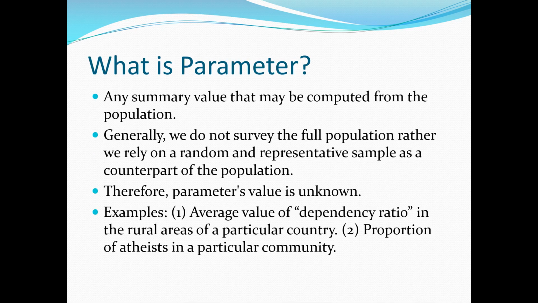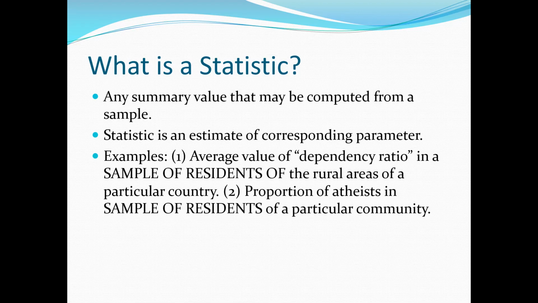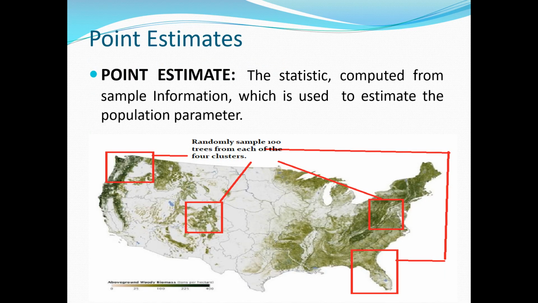For example, coming back to the USA tree example, let's say instead of analyzing each and every tree, suppose that I select these four areas which I have used here as rectangles 1, 2, 3, and 4. So I analyze these areas, and within each of these areas I randomly sample 100 trees from each of these four clusters.